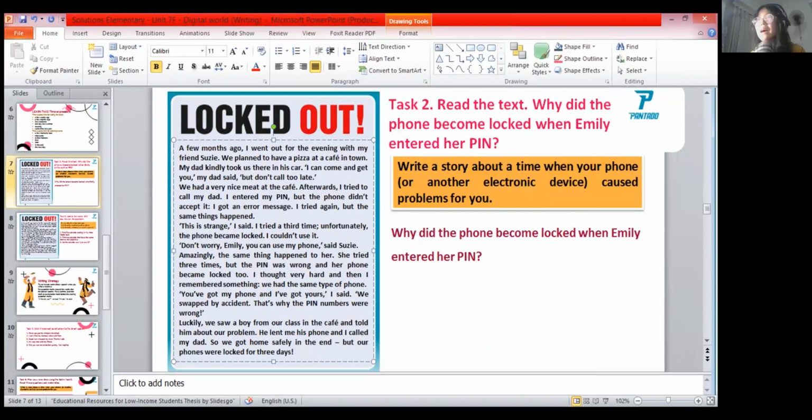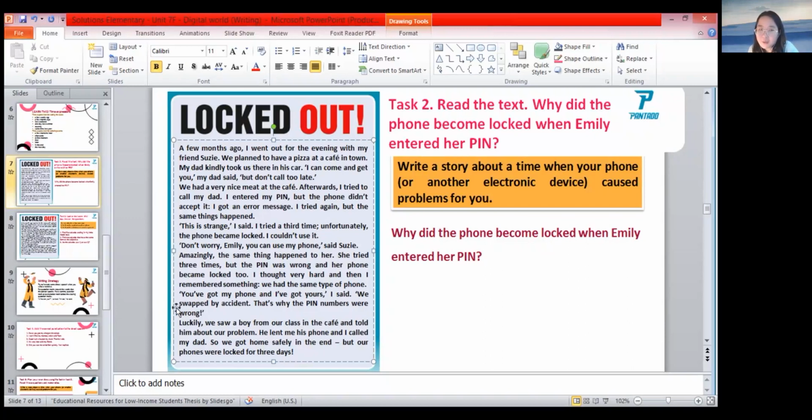Because Emily got her friend's phone, and her friend got Emily's phone, so they swapped the phones by accident.